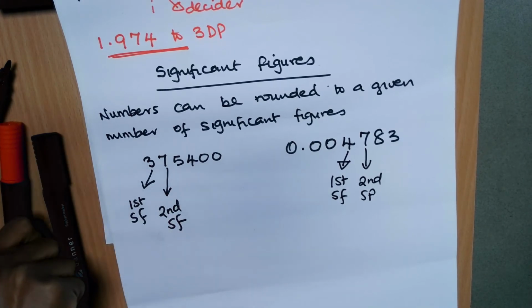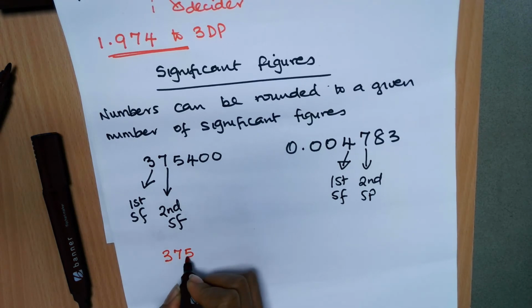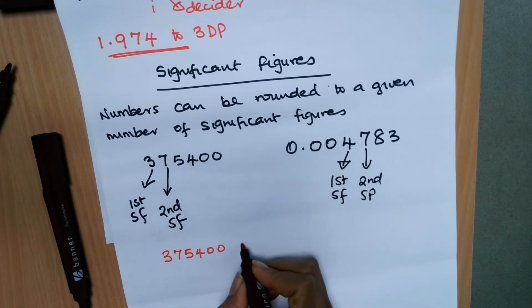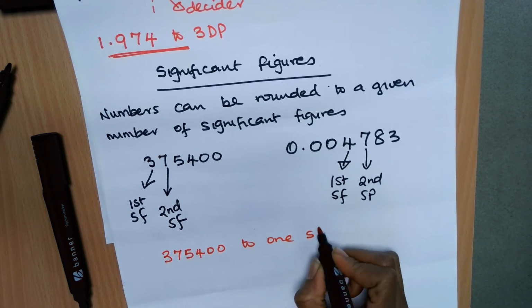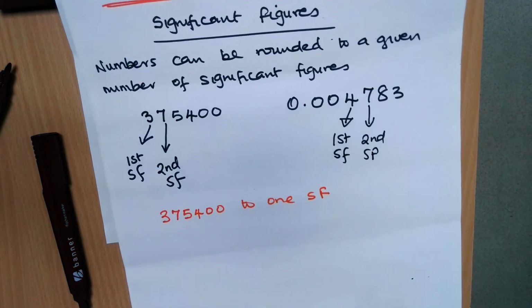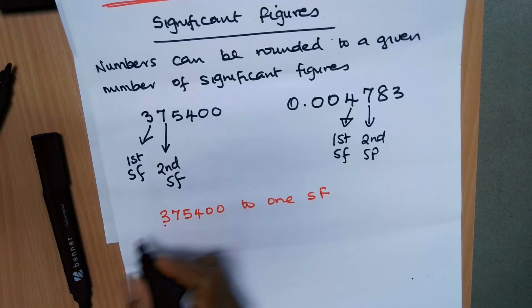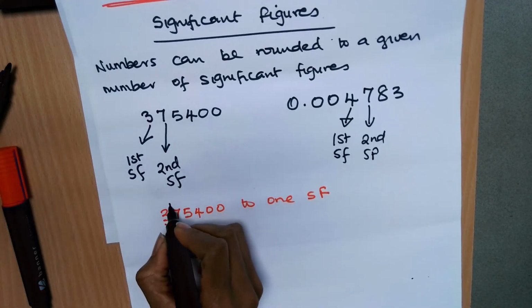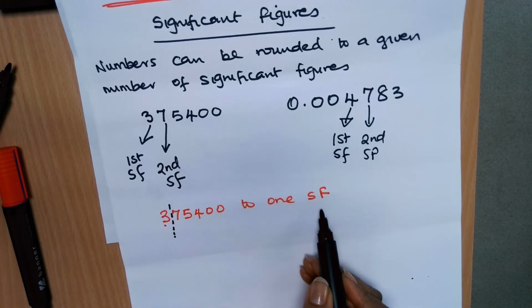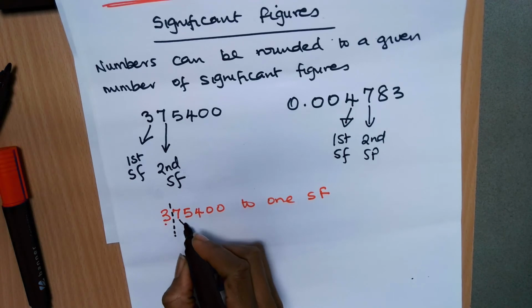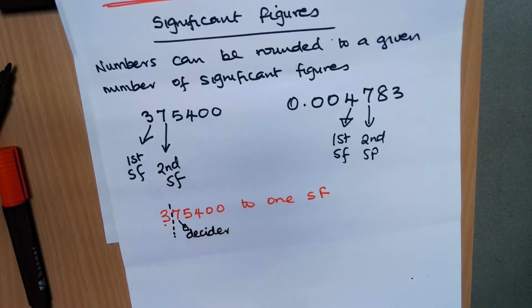Now if we want to round 375400 to one significant figure, what we're going to do is look at this number and then put our dotted lines here. So to one significant figure, this one becomes the decider.